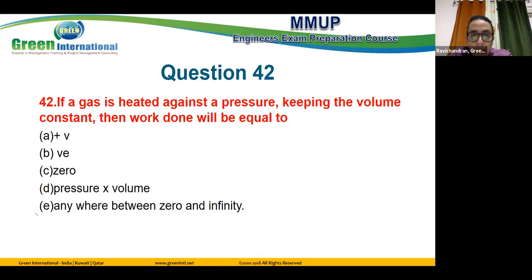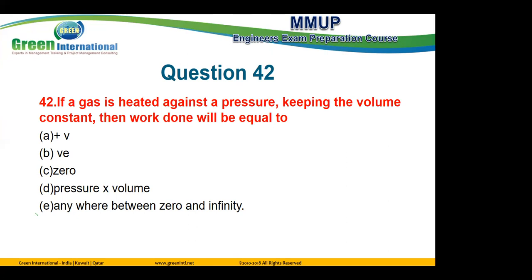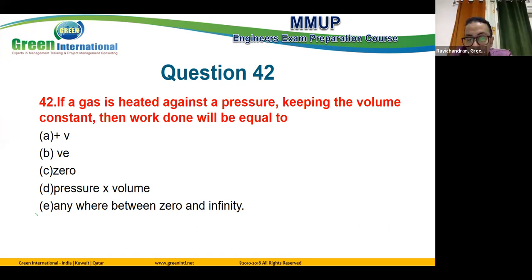If gas is heated against the pressure, keeping the volume constant, work done will be? If you remember what I said to you in the first session, about pressure, you can remember the answer.